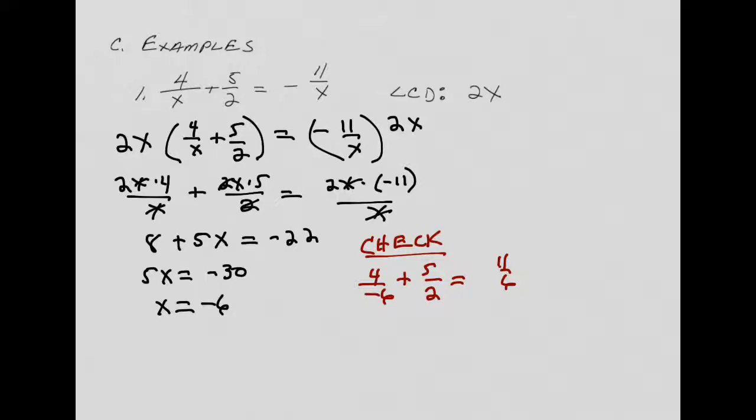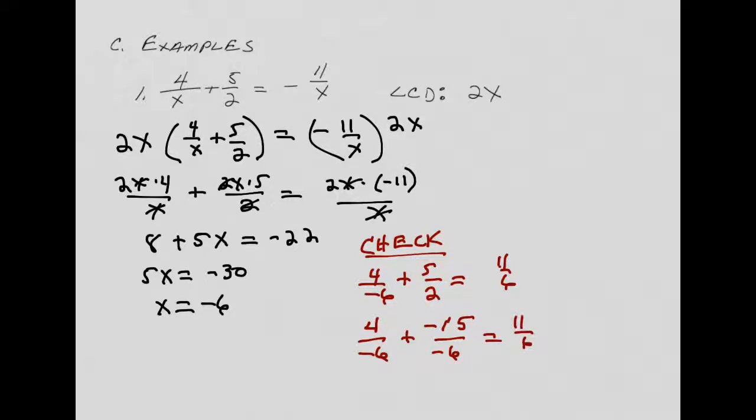So anyway, getting back to the check, I need to have a negative 6 as a denominator, so I'm going to take this second fraction times negative 3. So I'm going to have 4 all over negative 6. And if I take that times negative 3, I'll have negative 15 all over negative 6. Is that equal to 11 over 6?